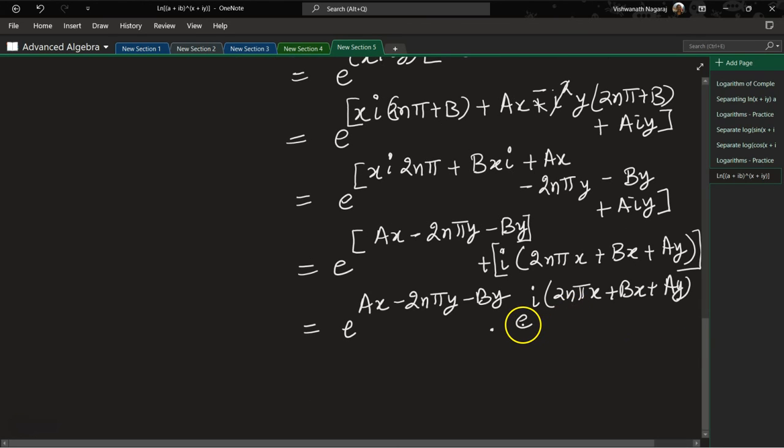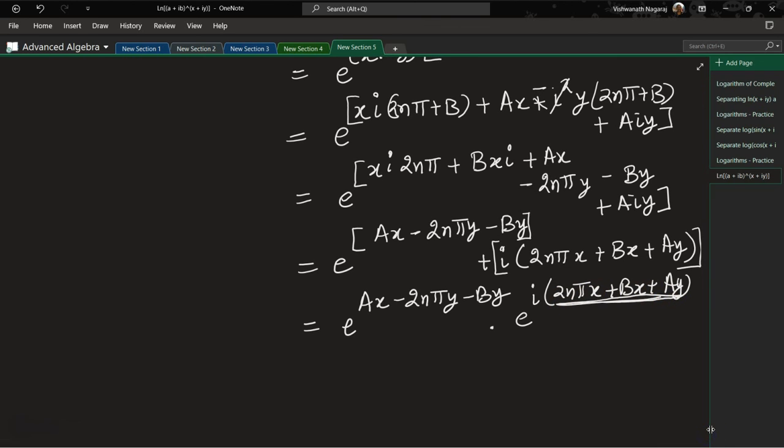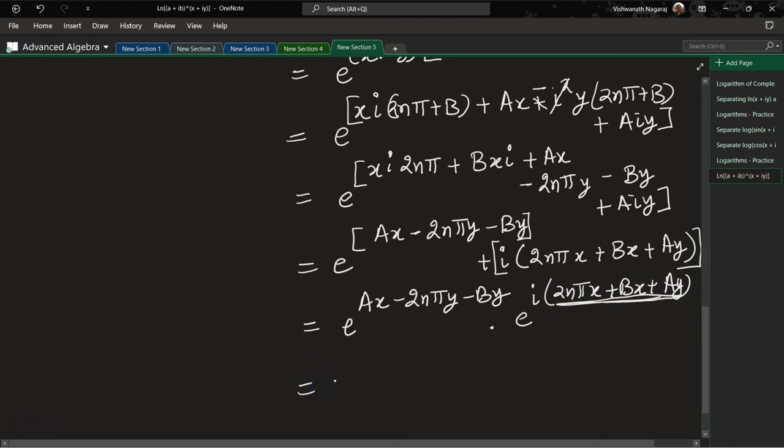Now remember e to the power of i theta, this entire thing we can treat as theta. So we can write it in another form. So e to the power of (Ax minus y(2n pi plus B)), and e to the power of i theta can be written as cos theta plus i sin theta.